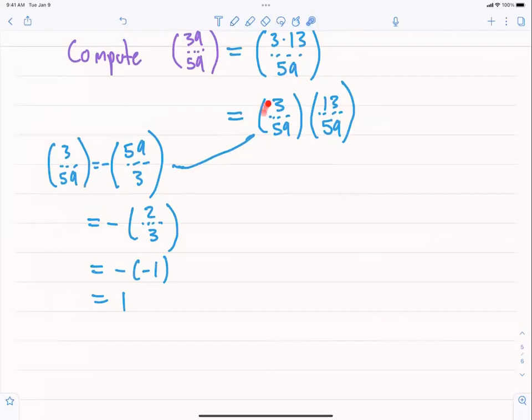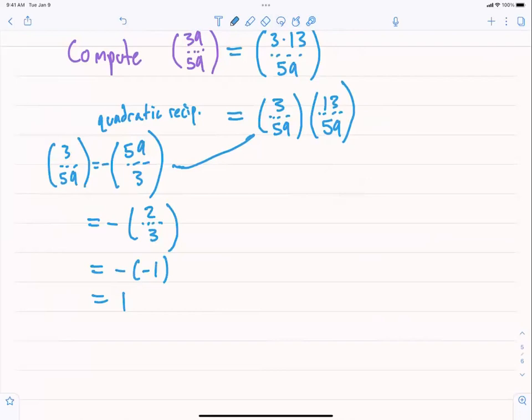So to compute the Legendre symbol of 3 over 59, first I applied quadratic reciprocity, which flipped the symbol and introduced a minus sign. Then this symbol is much easier to compute because I could reduce 59 mod 3 and get 2, and it's easy to check what the squares modulo 3 are, and 2 is not one of them. So I got -1 here, combined with my other minus sign, and I got a 1 here. Okay, so good.